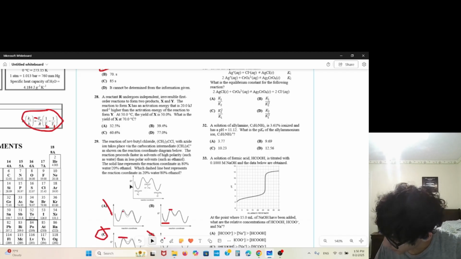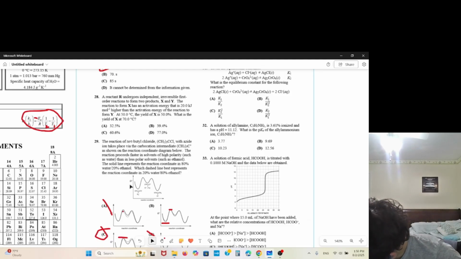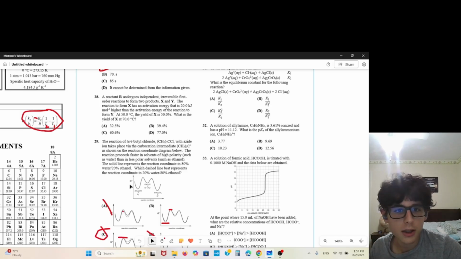You can just solve on your own. K2 equals 1.54 minus 1.54 K2. 2.54 K2 equals 1.54. K2 equals 1.5 over 2.5, approximately, forget the 4s. So K2 is about 3 over 5, which is 60.6%.